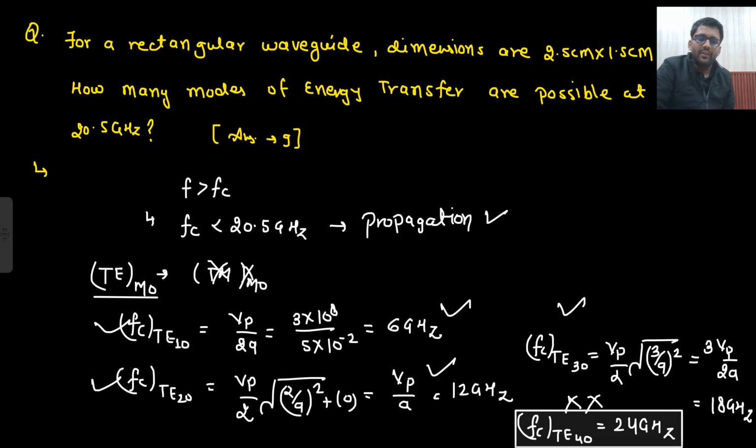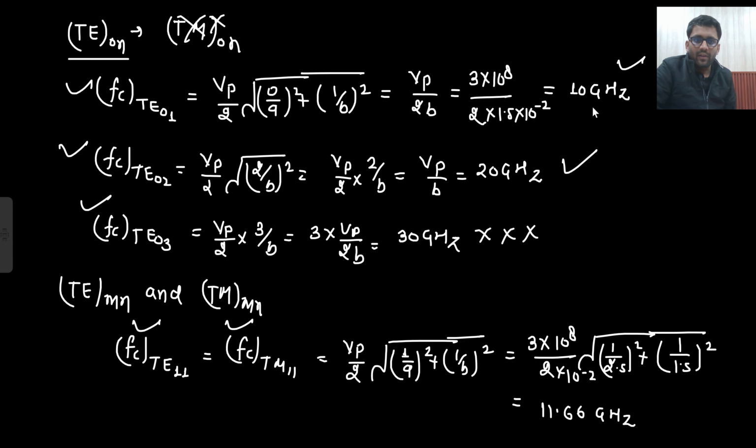What is the order? So initially TE10 will come. TE10 was having 6 gigahertz. Then 12, 18. Here you are having 10 and then 11.66. Then TE01. Then TE11. Then TE20.